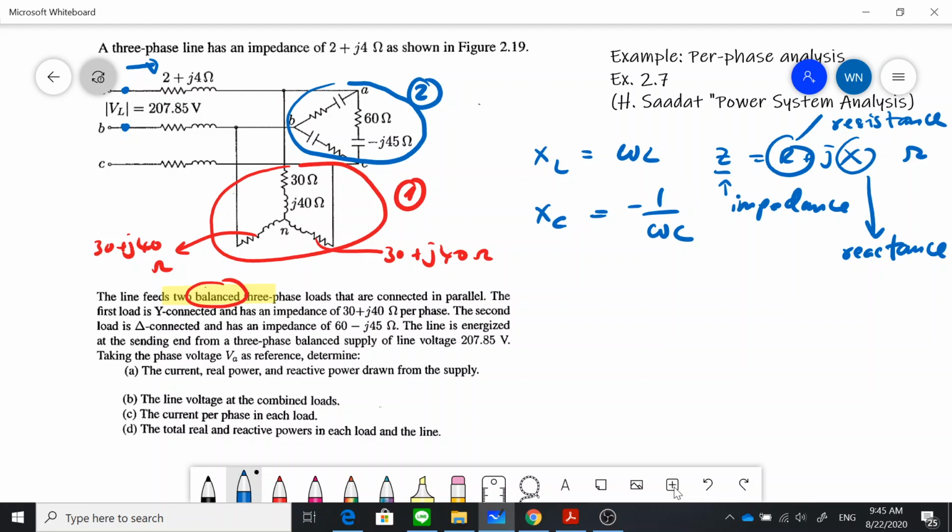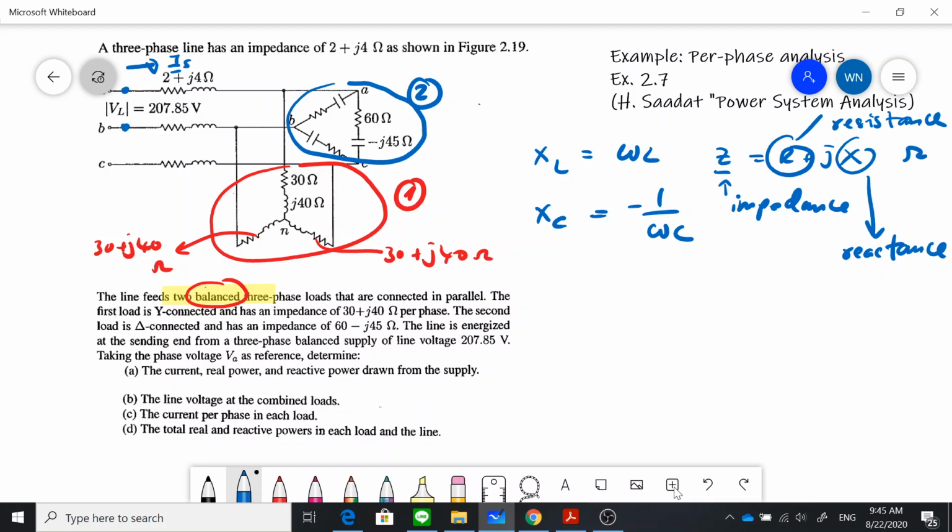So you should be able to find this I from the supply side, or from the sending end. This is the total current that is drawn from the source. Having known the current drawn from the supply, and knowing the voltage at the supply, you should be able to find the complex power delivered by the source.